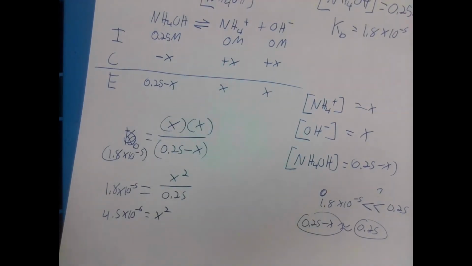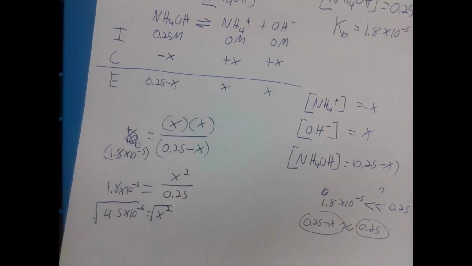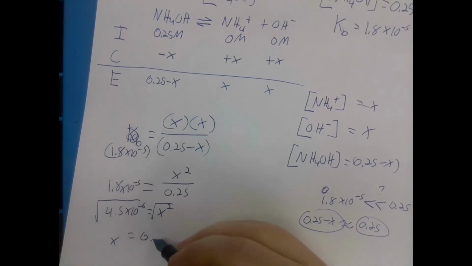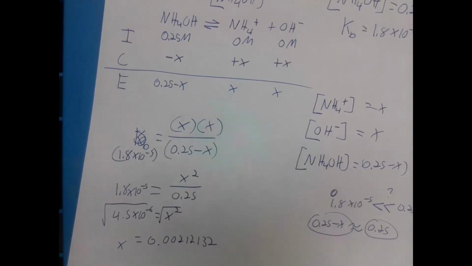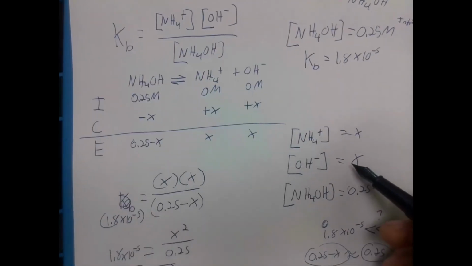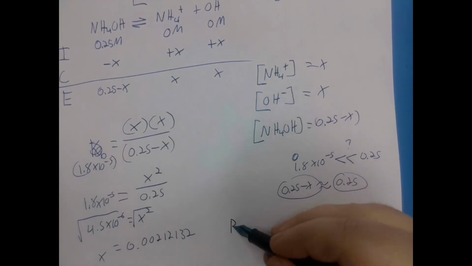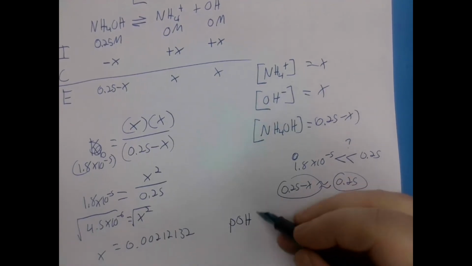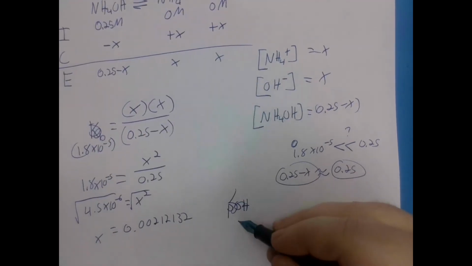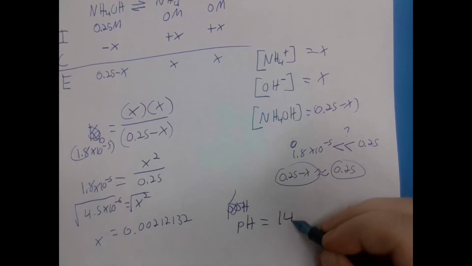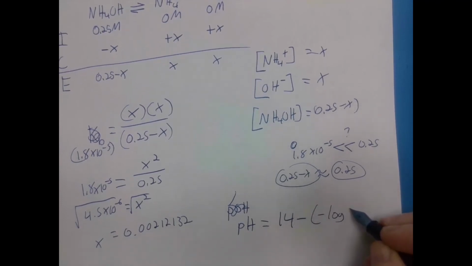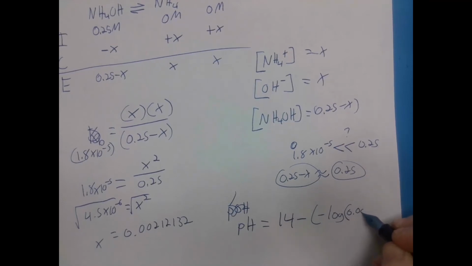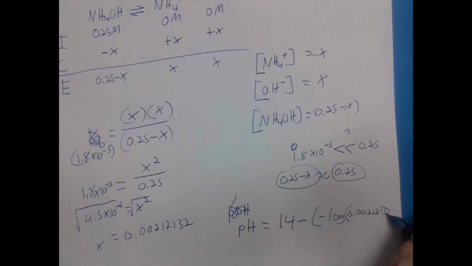Taking the square root of both sides, I get X is equal to 0.00212132. And our X represents the concentration of OH ions, so the pH would be 14 minus the negative log of 0.00212132.